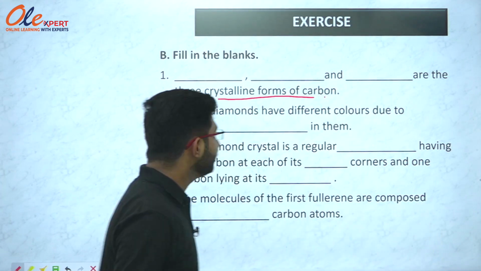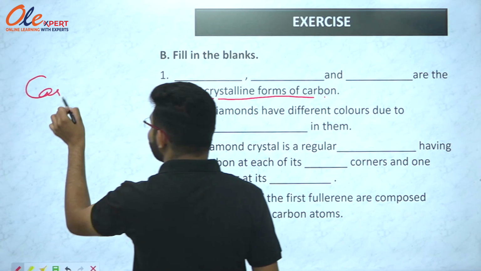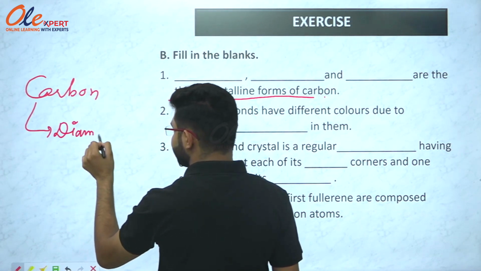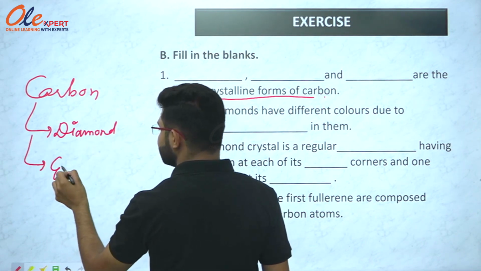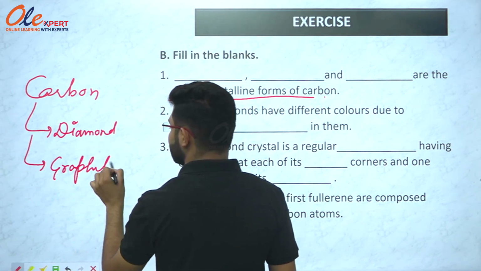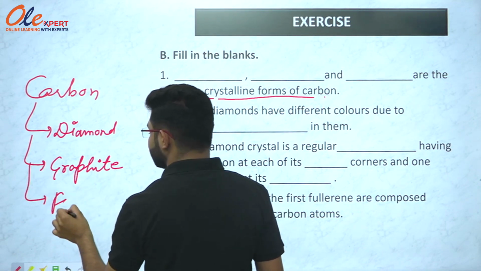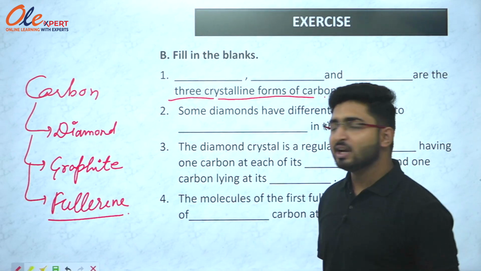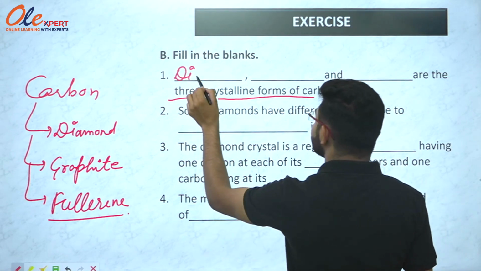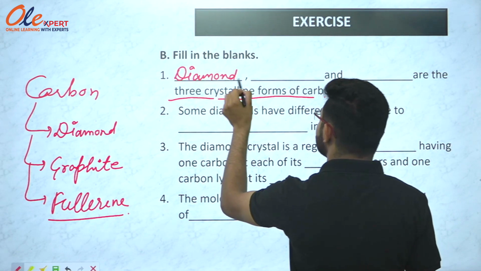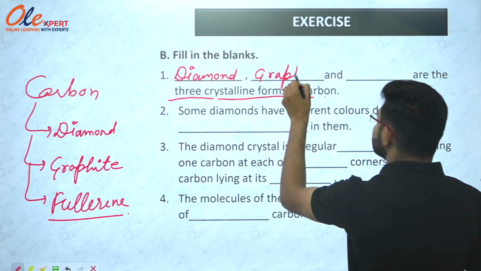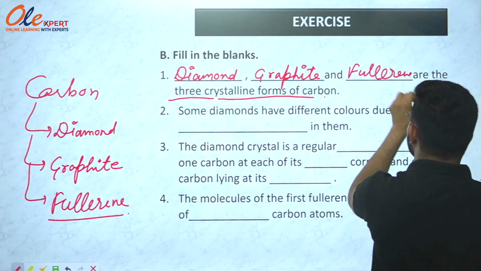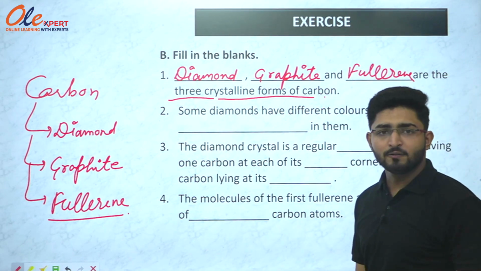In the crystalline form, we know that carbon has three types, and those three types are diamond, graphite and fullerene. So you have to write diamond, graphite and fullerene are the three crystalline forms of carbon.